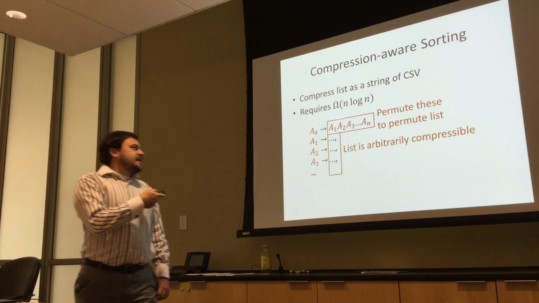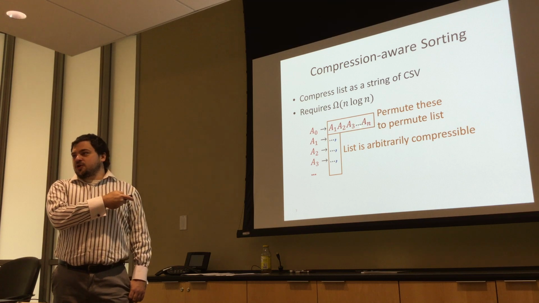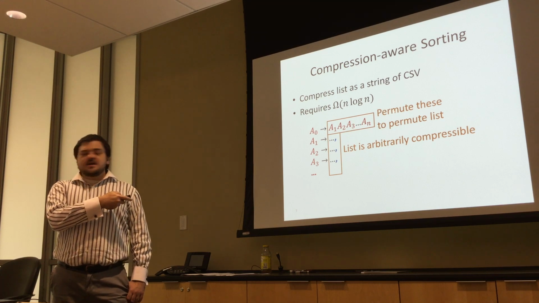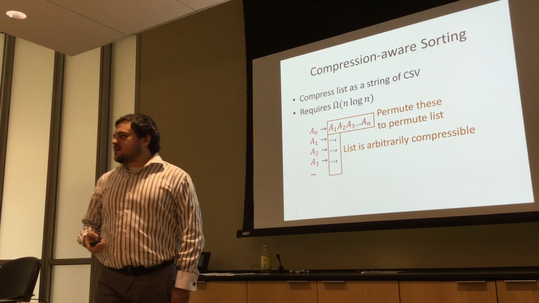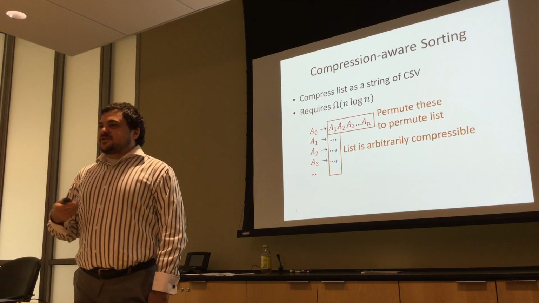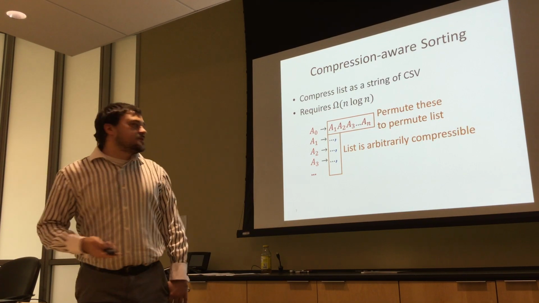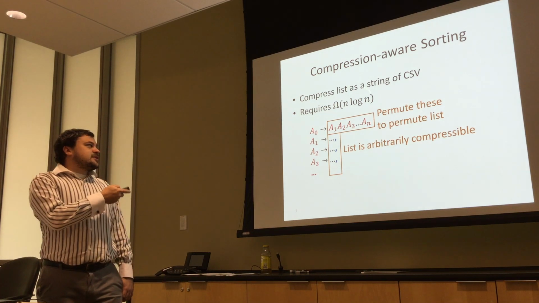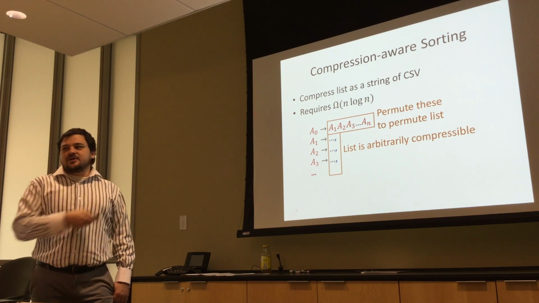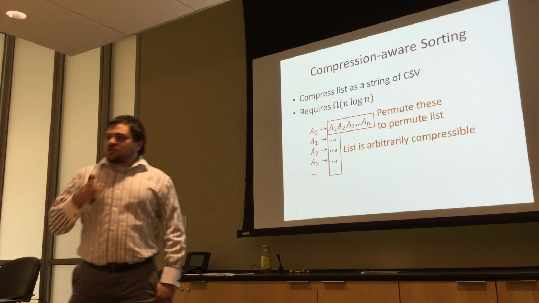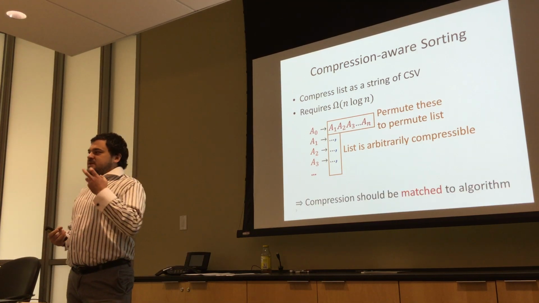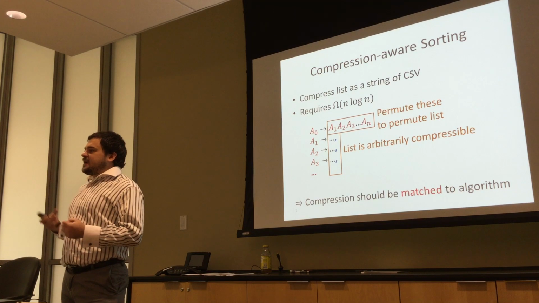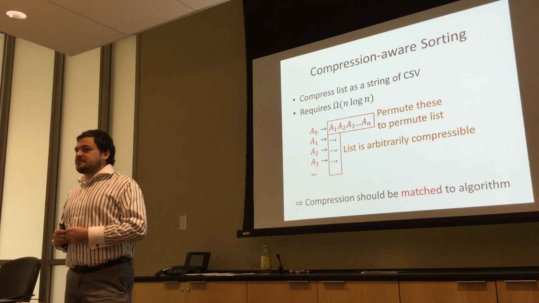Because of this, we have all n factorial permutations of this list being arbitrarily compressible to exactly the same size, which means that we can use a standard decision tree-based argument to show that sorting these will require n log n time. So what we've seen here is a mismatch between the compression-aware algorithm and the underlying compression scheme.